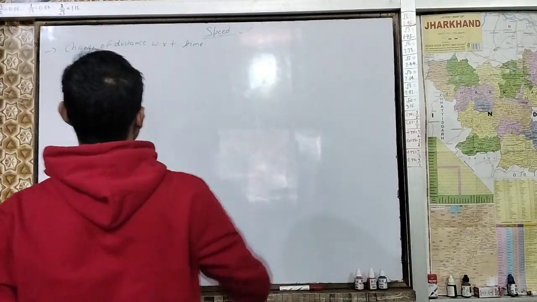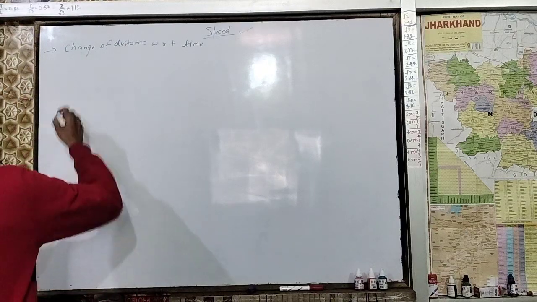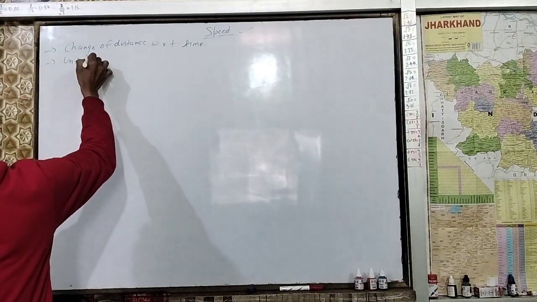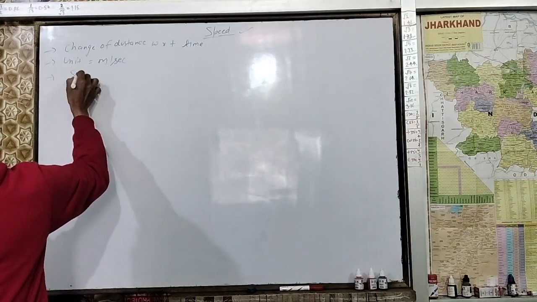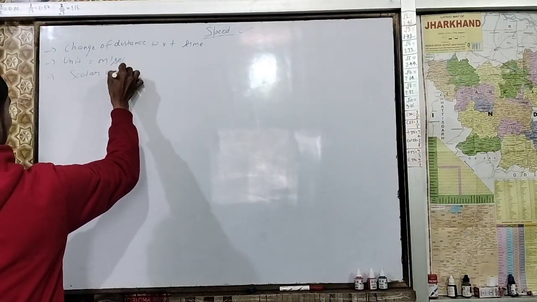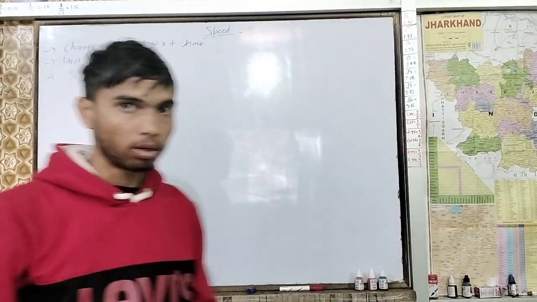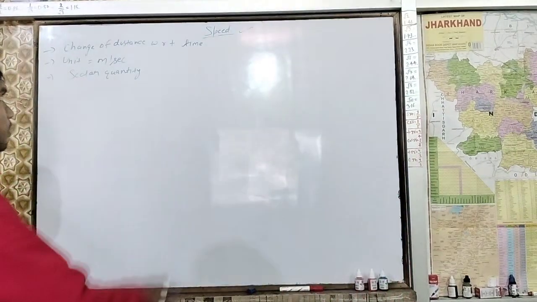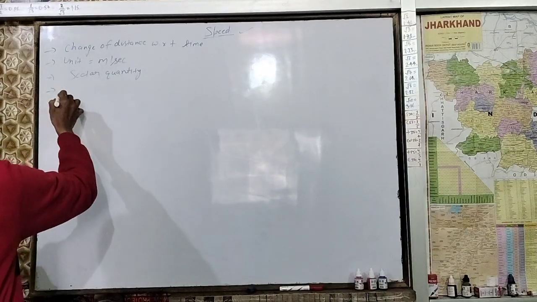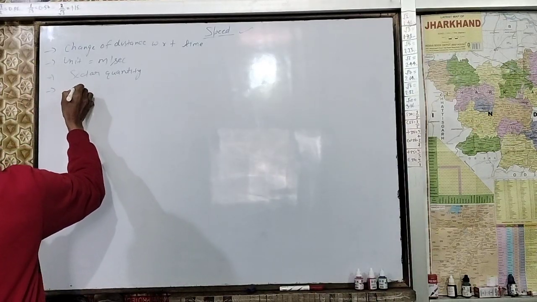But remember, speed is considered positive, not negative. The unit is meter per second. And remember, this is a scalar quantity. We are already familiar with this word: a scalar quantity is one that does not provide direction.